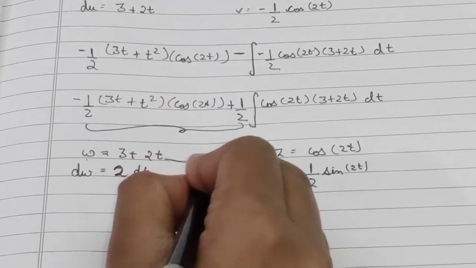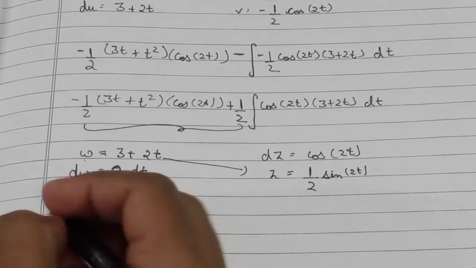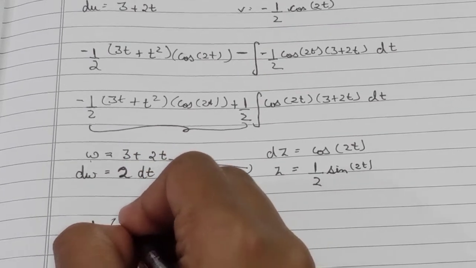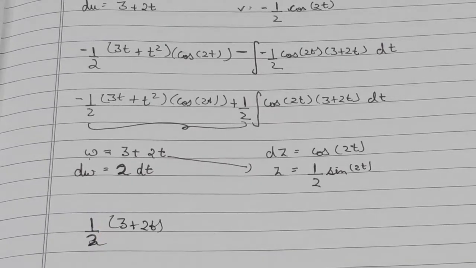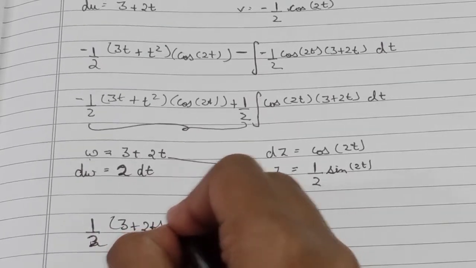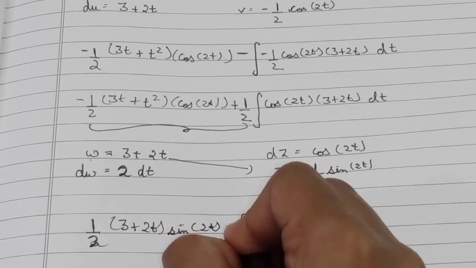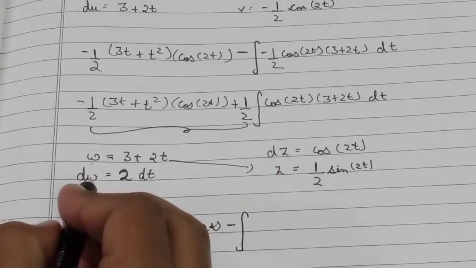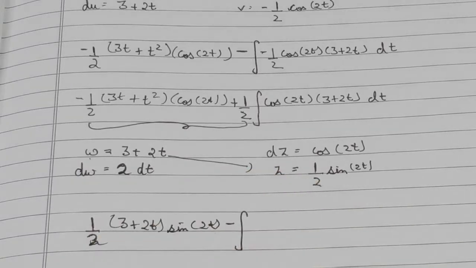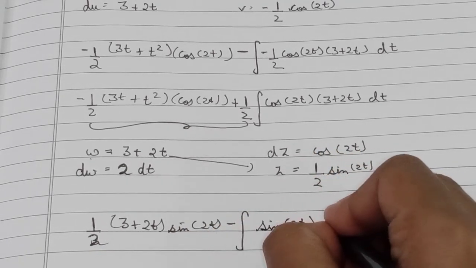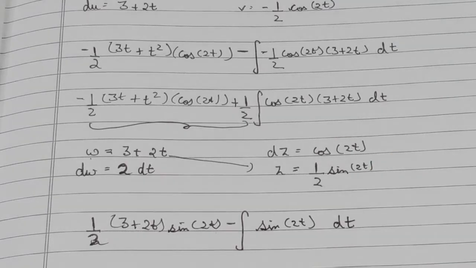We multiply w into z, so we get 1/2 into (3 + 2t) sine 2t, and we subtract the integral of z dw. 2 into 1/2, that's 1, and we have sine of 2t dt.